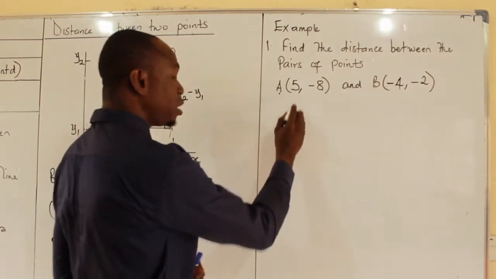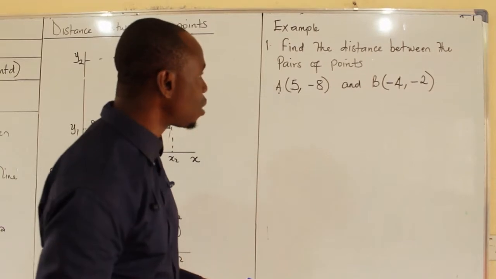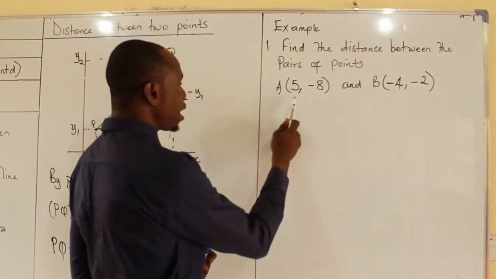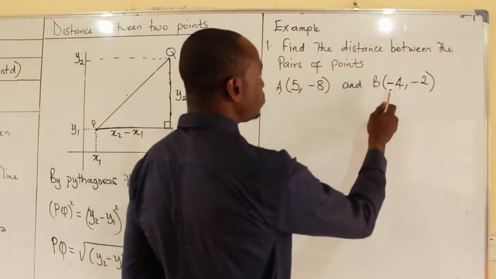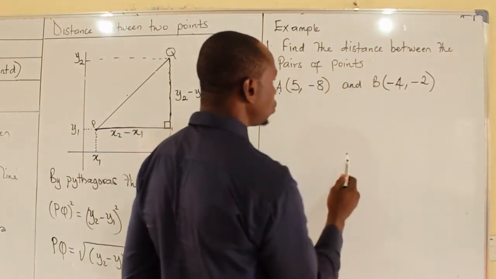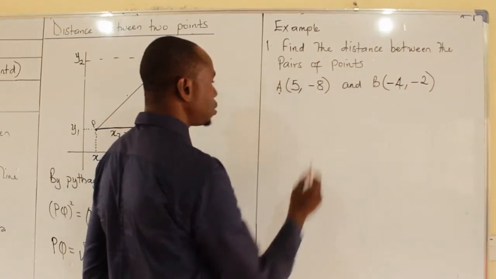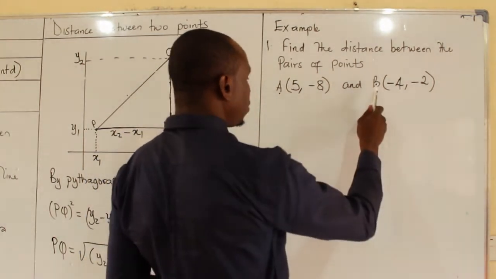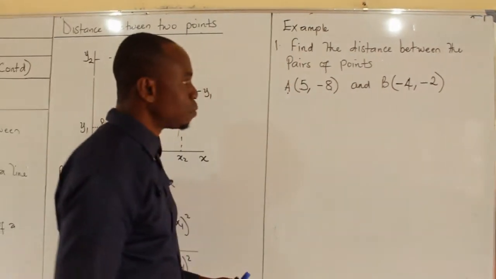The first is usually the x coordinate, and the second is the y coordinate. So just like A has 5 and minus 8, B has minus 4 and minus 2. So 5 is the x1 and minus 8 is the y1, while for B, minus 4 is the x2 and minus 2 is the y2.